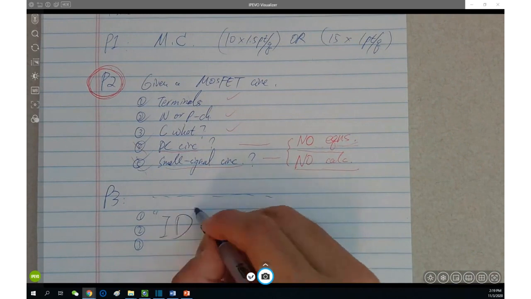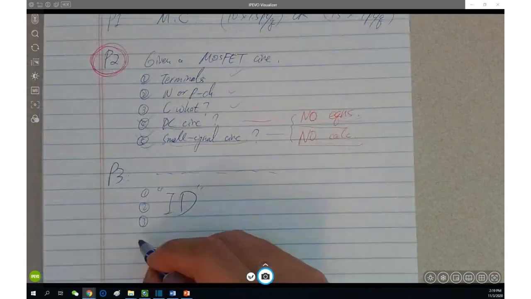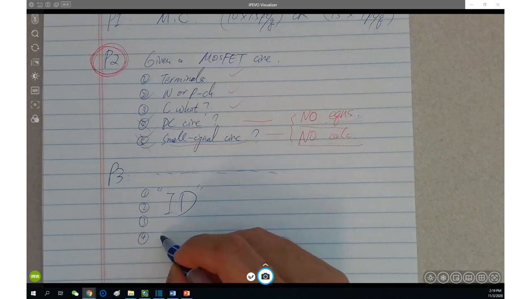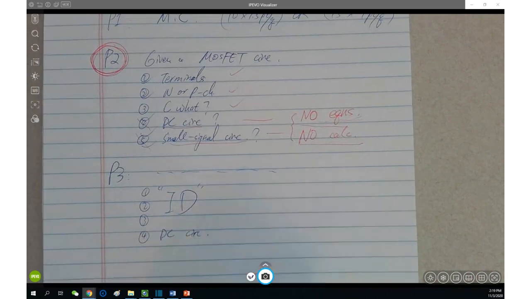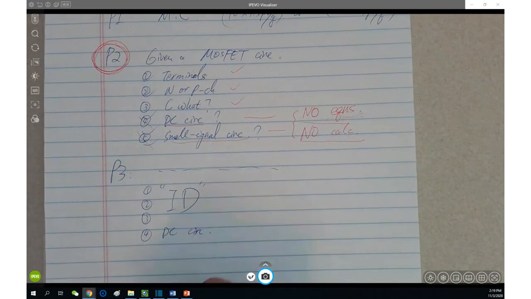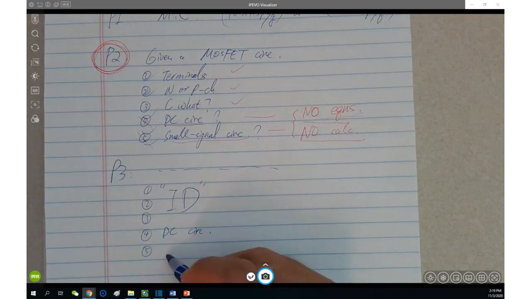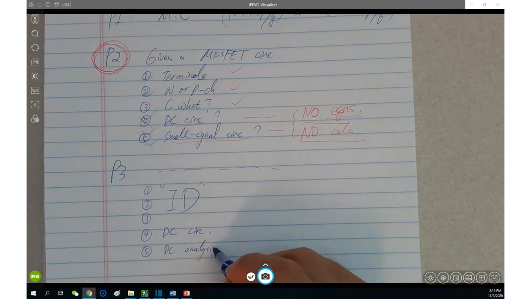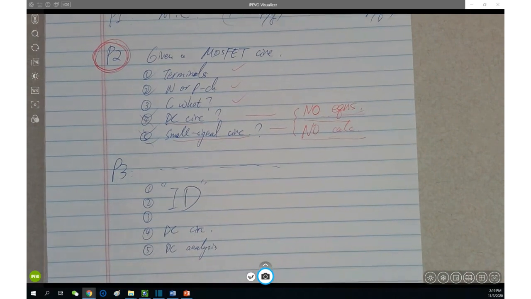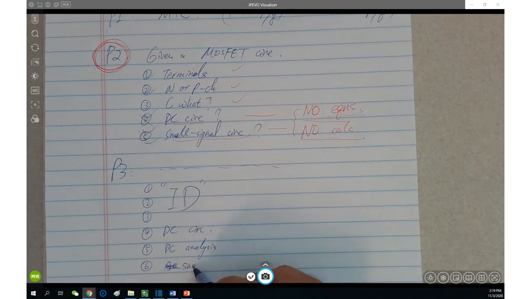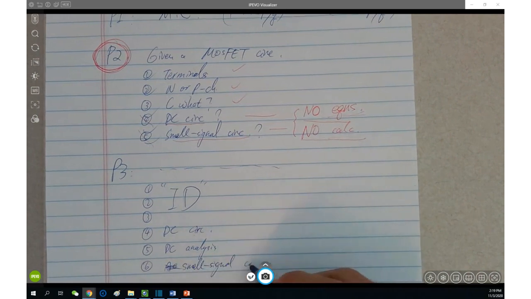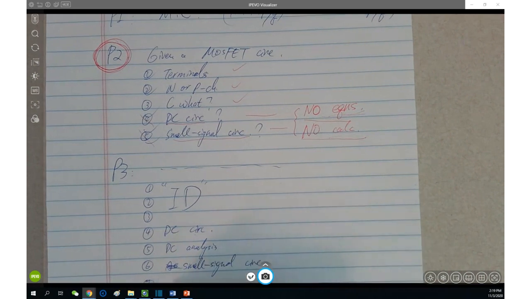The following question is find a DC circuit. And then the next question is conduct DC analysis. And then following, find the AC small signal circuit, and then conduct AC analysis, or the small signal analysis.